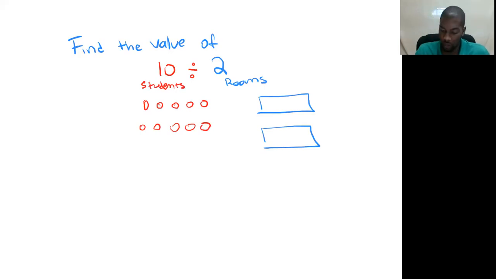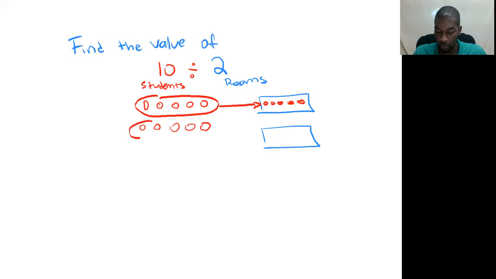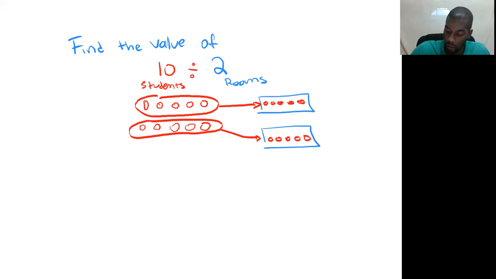Well, it's a simple situation, right? We need to make an equal number, so I'm going to put these 5 in here. So that's going to be 1, 2, 3, 4, 5. And I'm going to put the next group of equals in here. So I've got 10 divided into 2, or 5 in each room.